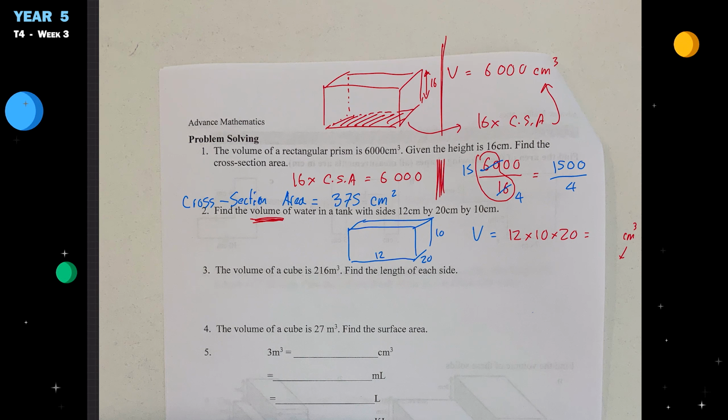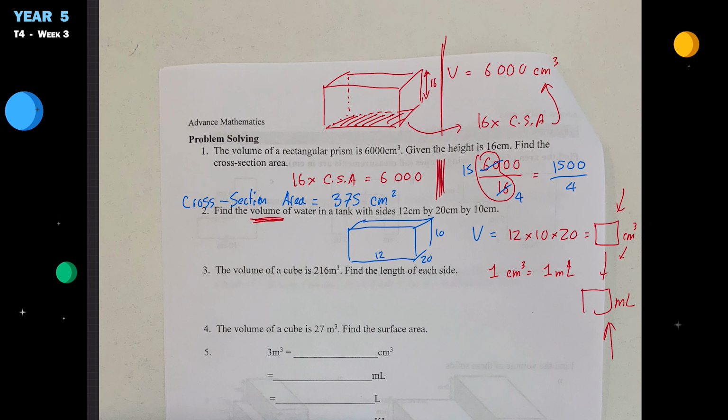Just remember that 1 centimeter cubed is equal to 1 milliliter. So whatever number you get here as centimeters cubed, it will be the same number in milliliters. If you put the answer as centimeters cubed, I guess I can still consider it correct, but the better answer will be in milliliters, all right?